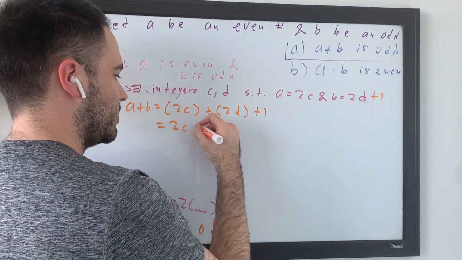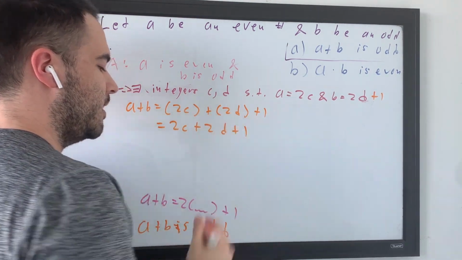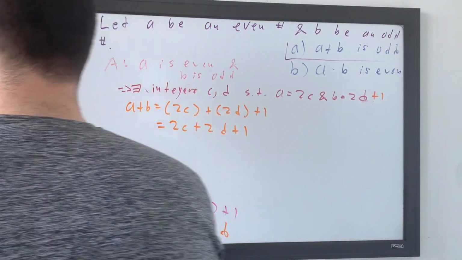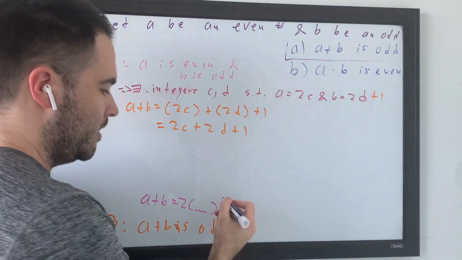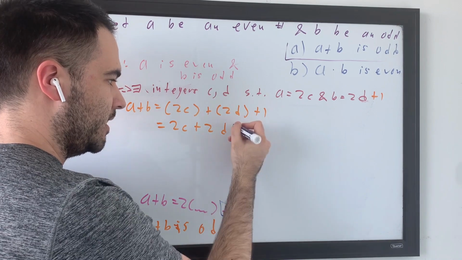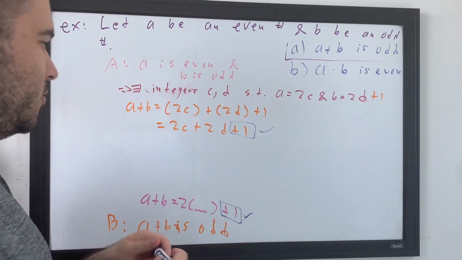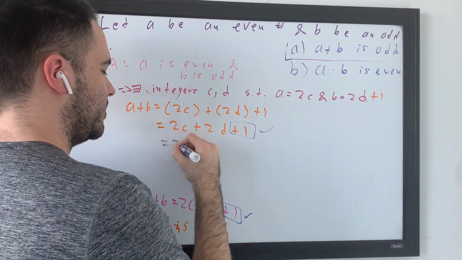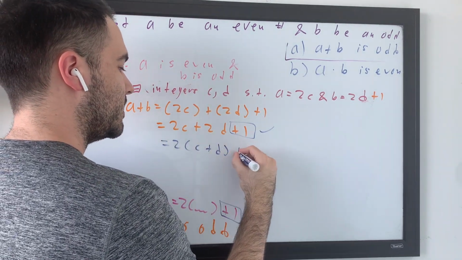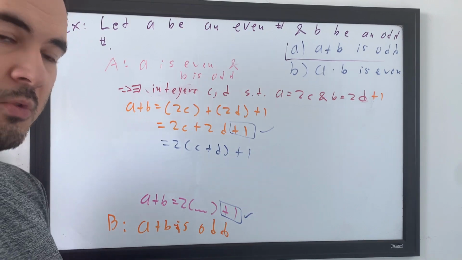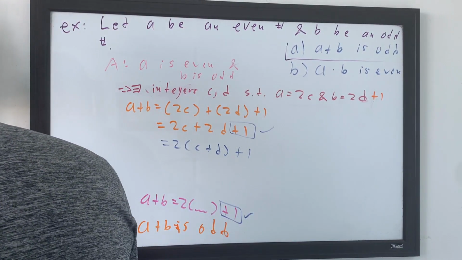We will just ignore the brackets for now. Now we need to look at what we have that's similar and what we have that's different. So we've got our plus 1 at the end. That's great. Now we need to factor out a 2 from these ones. So we will get 2 times (C plus D) plus 1. And with one final statement, we will be done.